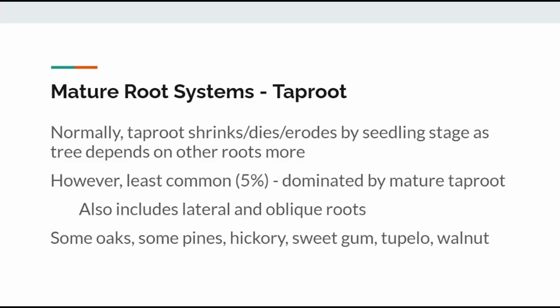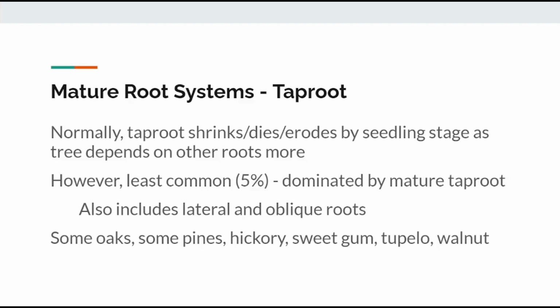In almost every species of tree that begins with a taproot, the taproot is gradually relied on less and less as more roots develop. The taproot begins to shrink and most die away after the seedling stage. However, around 5% of trees have the third type of mature root system, the taproot system, in which the taproot remains the most important root in the root system throughout the tree's lifespan.